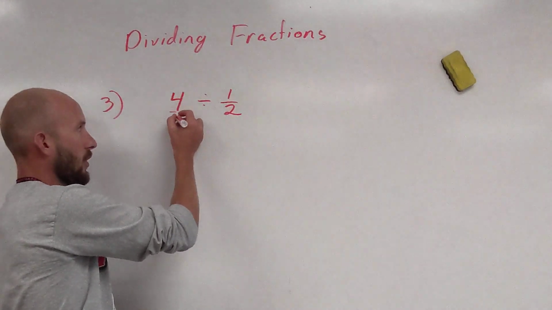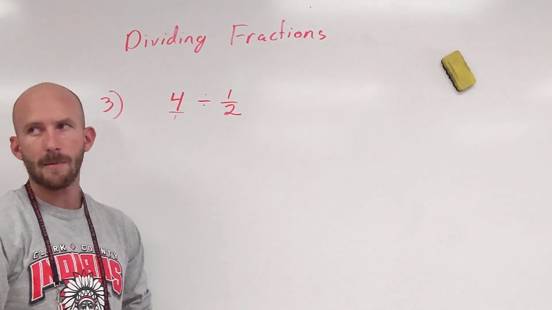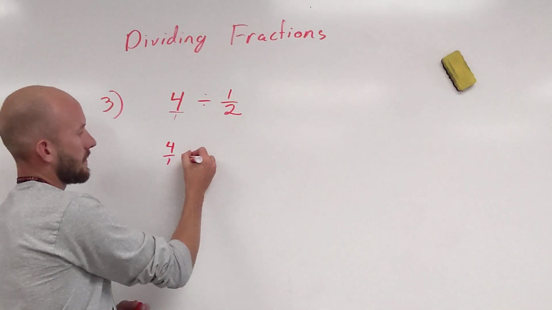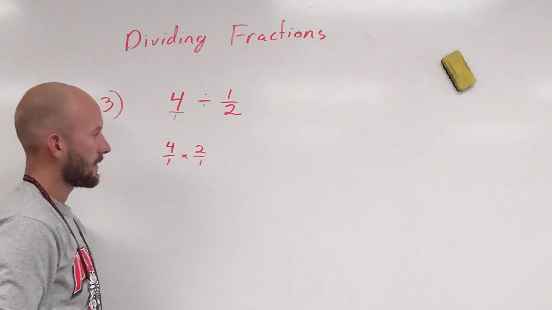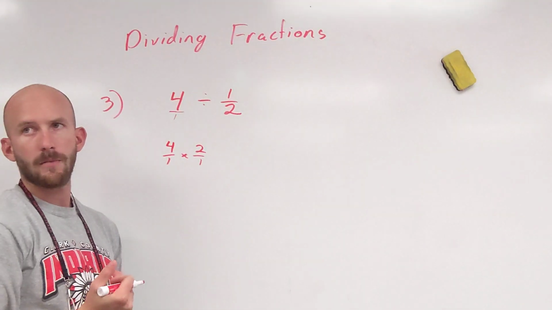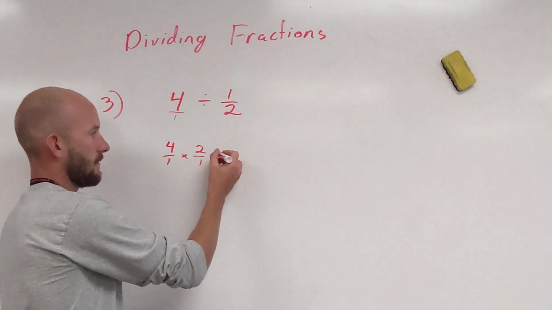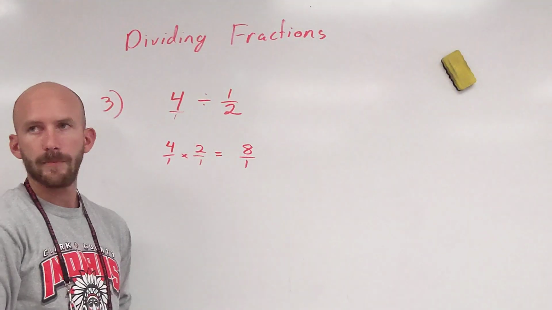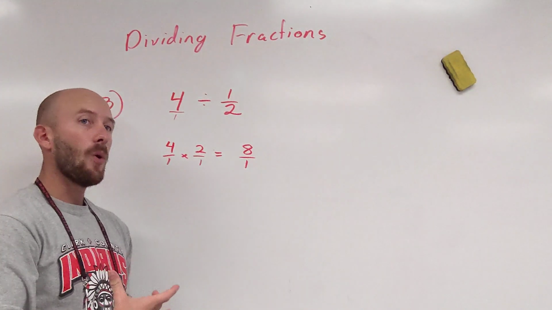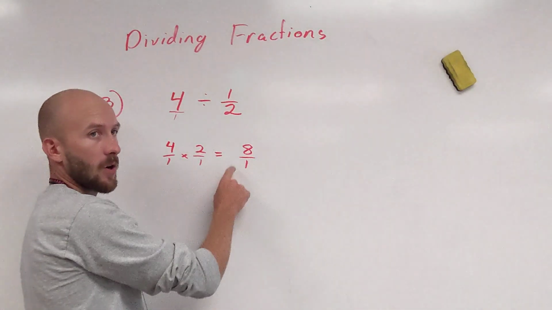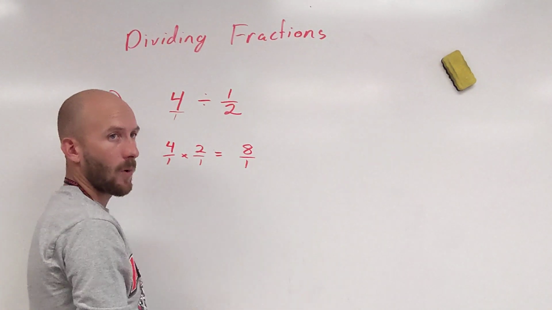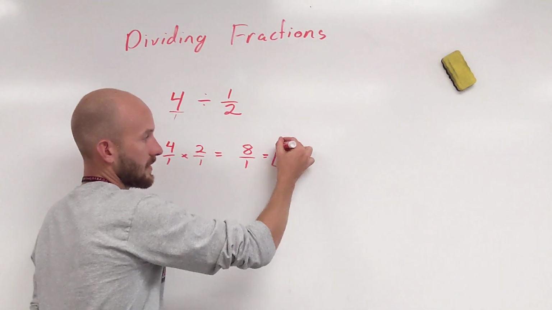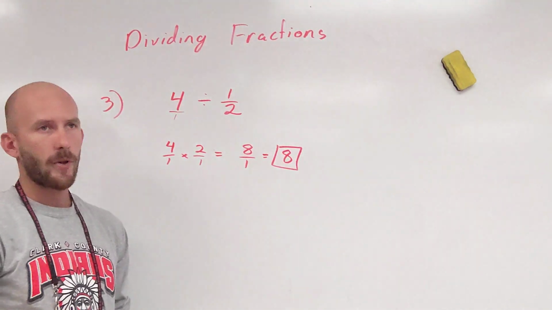Yeah, just put it over 1. 4 over 1 is the same as 4. And then it's 4 over 1 times 2 over 1, which is just 8 over 1. Don't leave something over 1, this was another mistake that I saw quite a bit, because that's like 8 divided by 1. It's just 8.